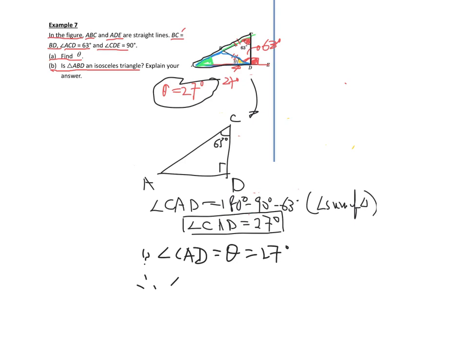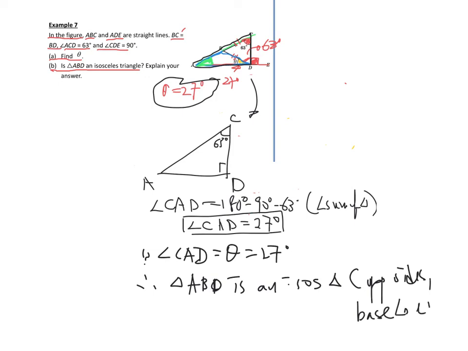Therefore, triangle ABD is an isosceles triangle. And the reason is that the base angles are equal, opposite sides. That's it.